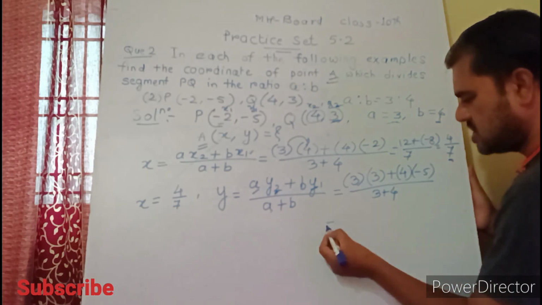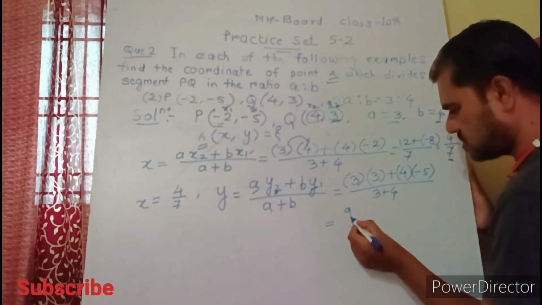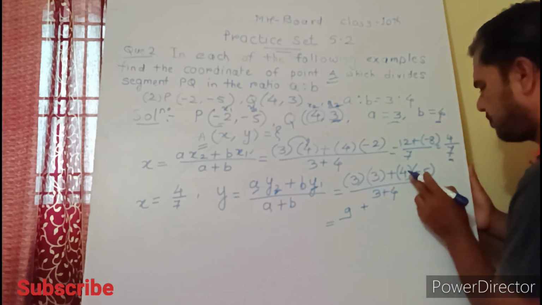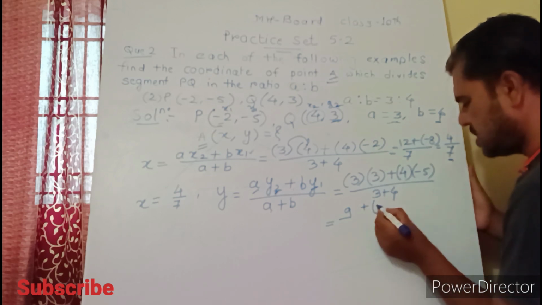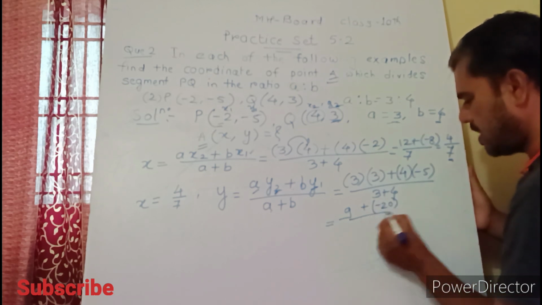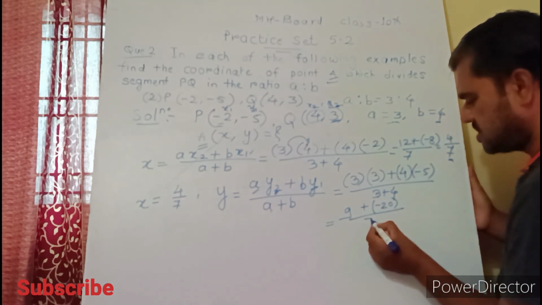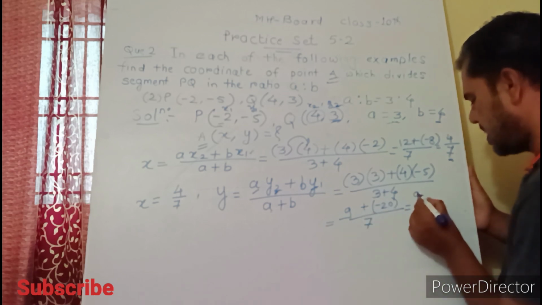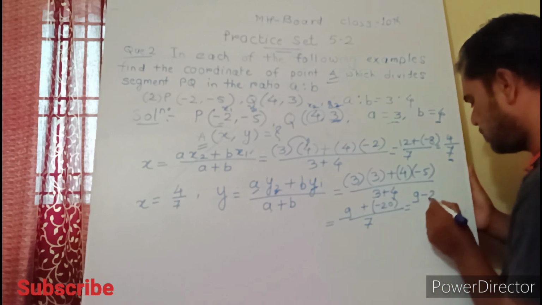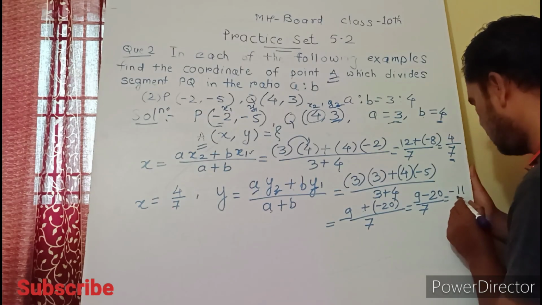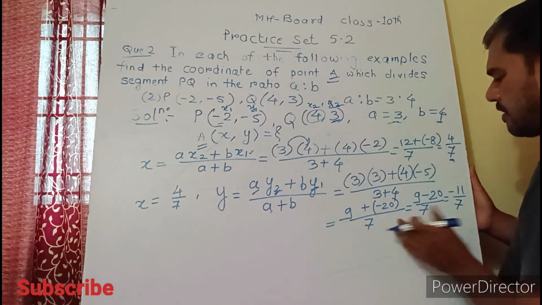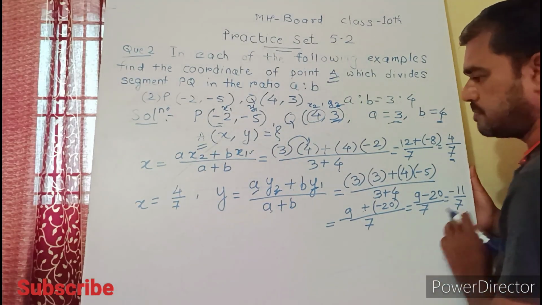Now on solving this, it equals 3 into 3, that is 9, plus 4 into minus 5, that is minus 20, divided by 3 plus 4, that is 7, equals 9 plus minus 20 divided by 7, that is minus 11 by 7. We get the value of y, that is minus 11 by 7.